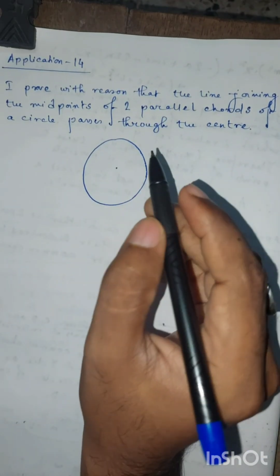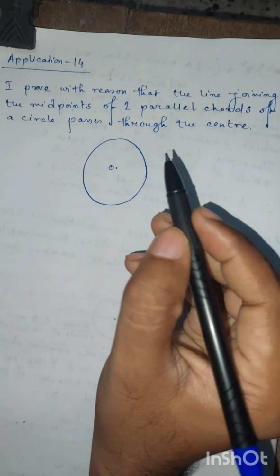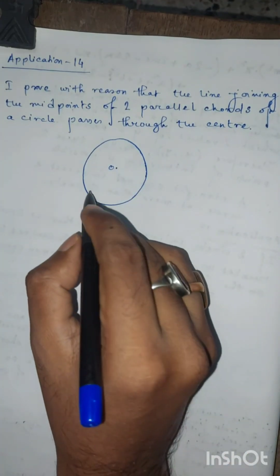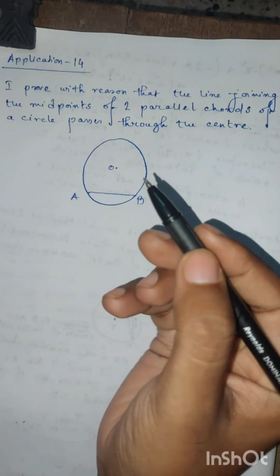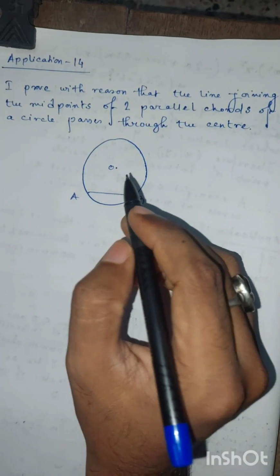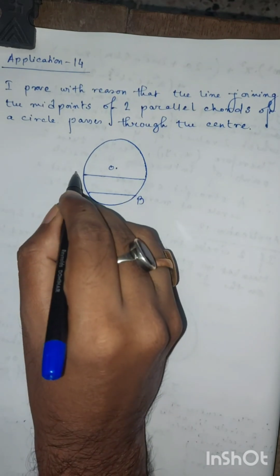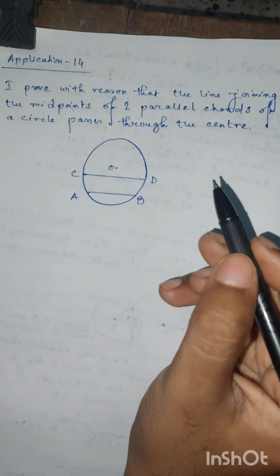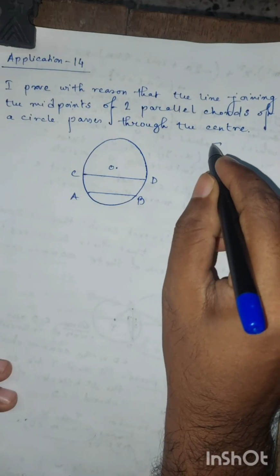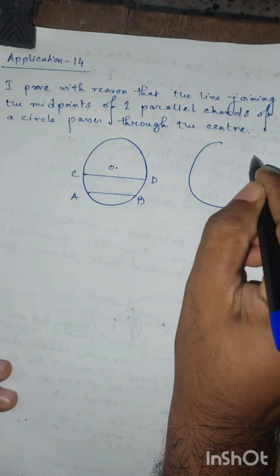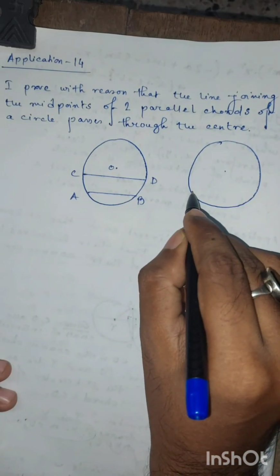This is a circle with center O, two parallel chords, let us say AB and CD. Okay, and similarly, this can also happen. Two chords are opposite side of the center.